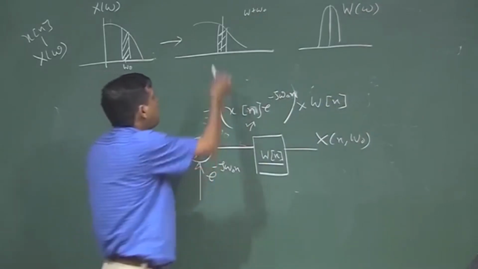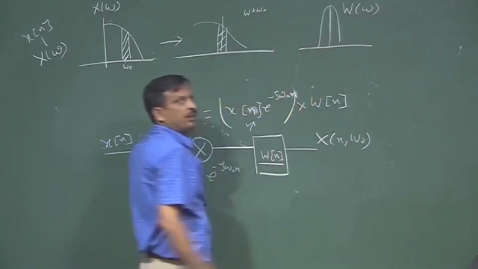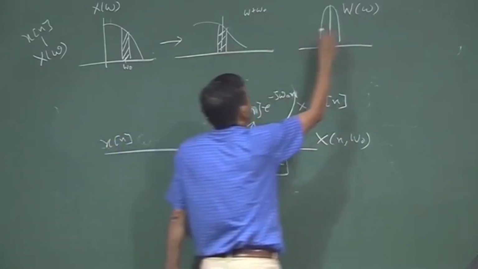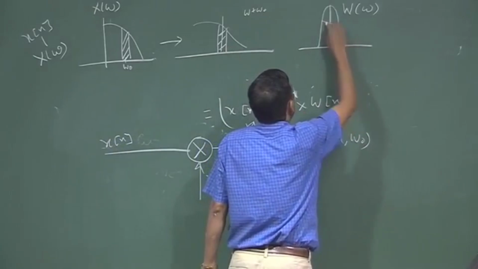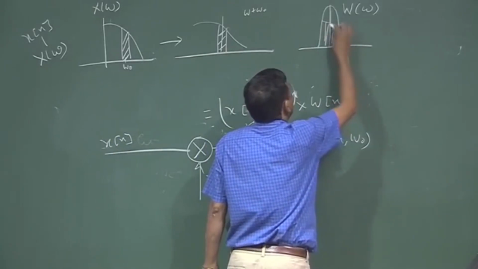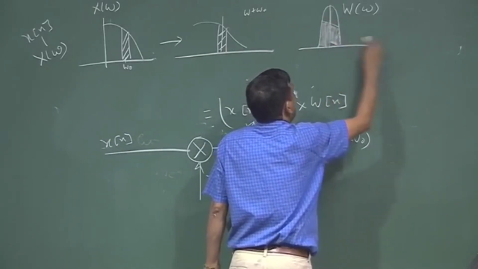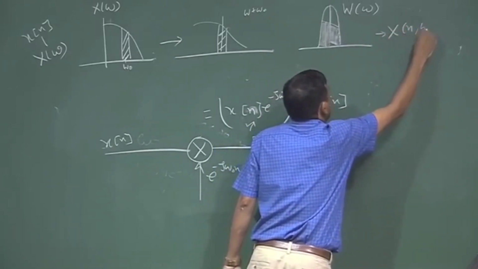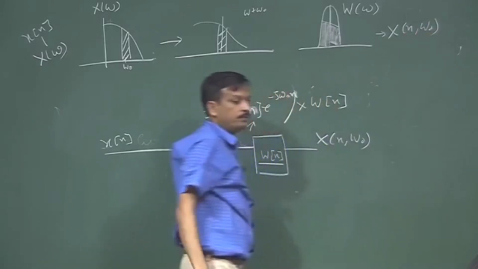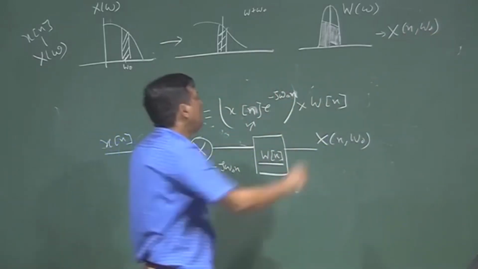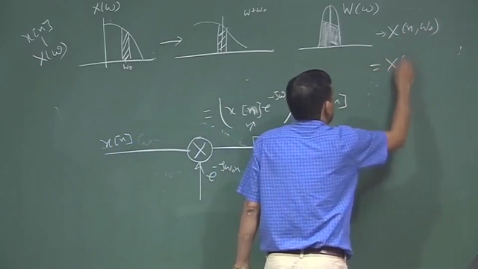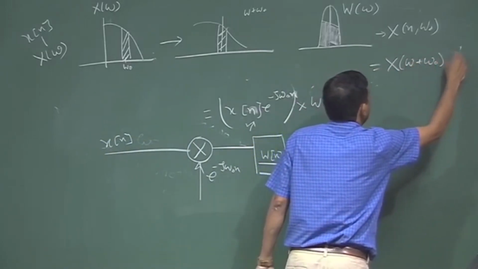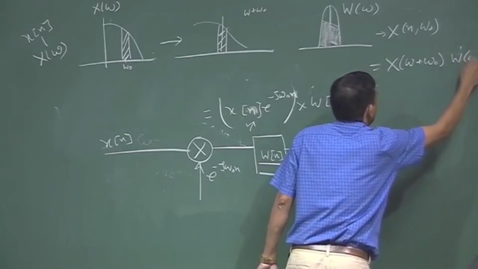Once this is passed through, time domain convolution becomes frequency domain multiplication, so this will be multiplied here. This portion is my output, X n omega 0, which is nothing but X of omega plus omega 0 multiplied by W omega.